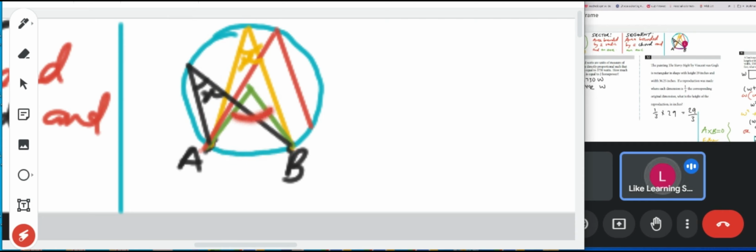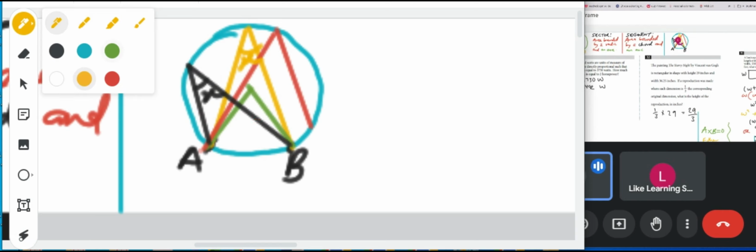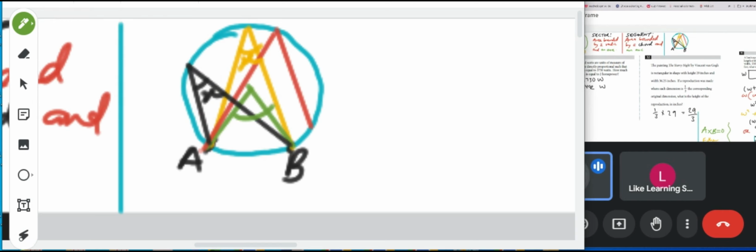And of course the one at the center, the green one, must be double of the yellow or the black, so the green one must be 2x.